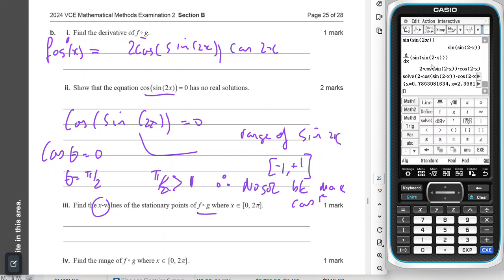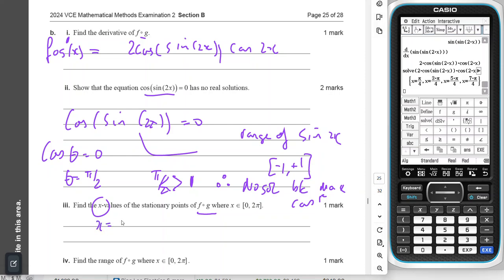And do that in standard. Okay, x equals pi on 4, 3 pi on 4, 5 pi on 4, 7 pi on 4.